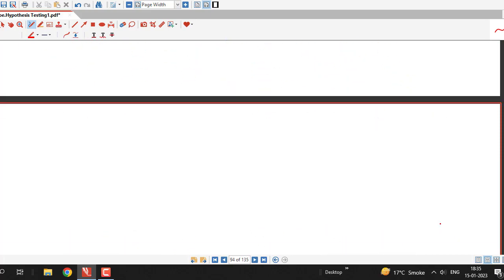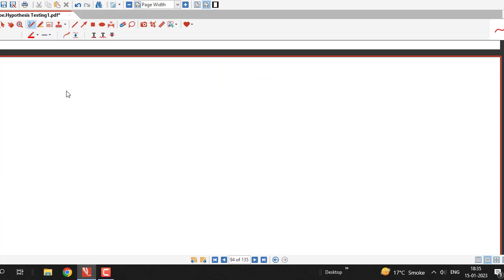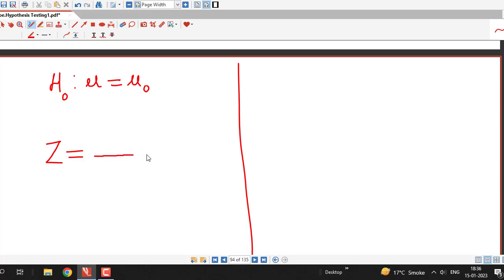So the process for hypothesis testing is similar to the process for hypothesis testing about the population mean. If you recall, for hypothesis testing for the population mean, say mu equal to mu0, and if we have a large sample, the formula for the test statistic was x bar minus mu divided by sigma over square root of n.